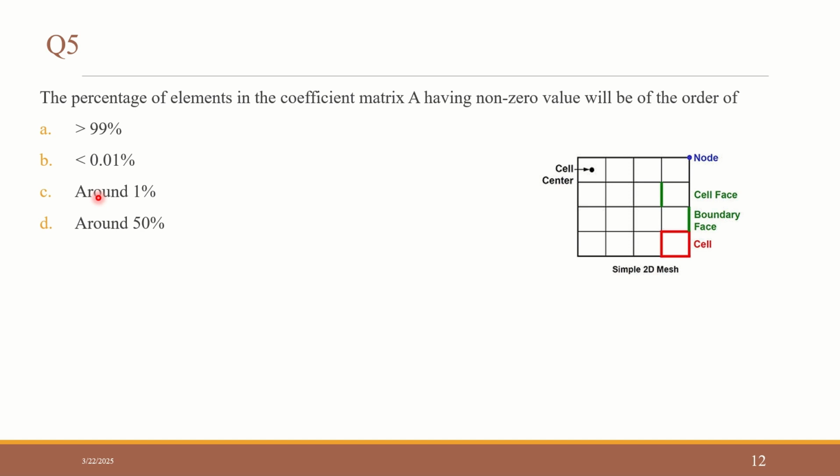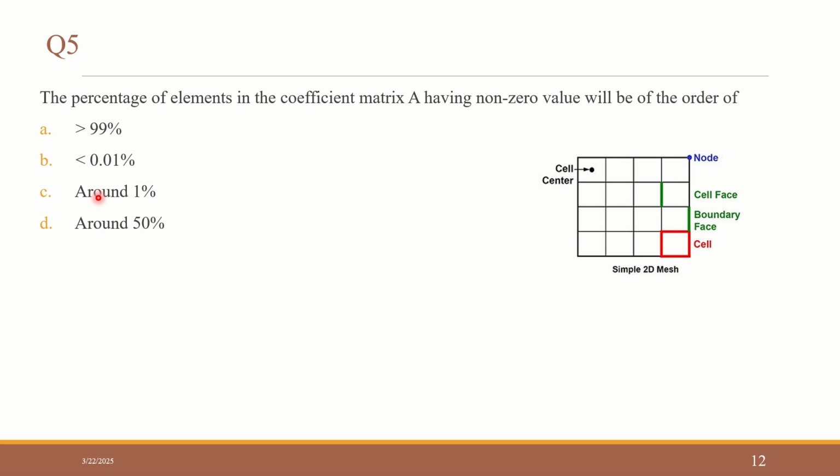I talked about the matrix A, which has the size of 551 cross 551, and we are asked to find the percentage of elements in that matrix which have non-zero values. Simply, that is the question.